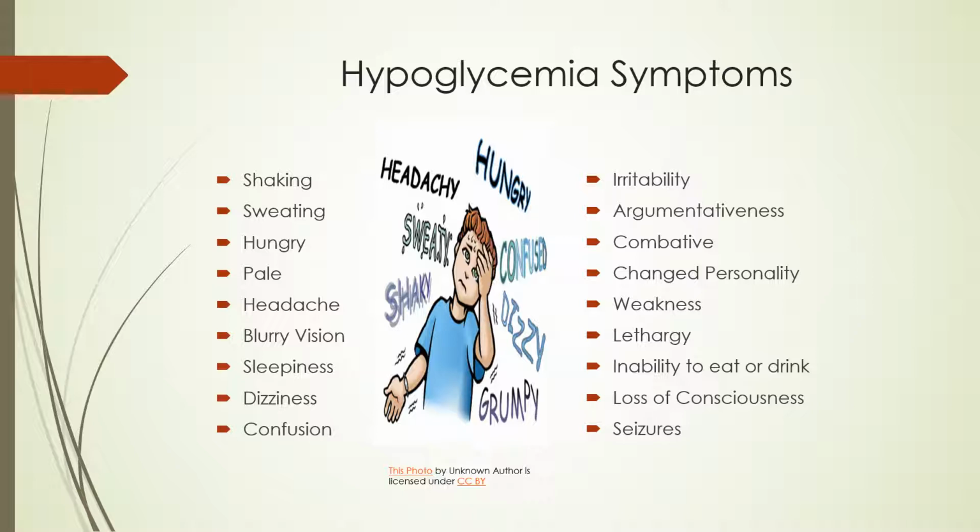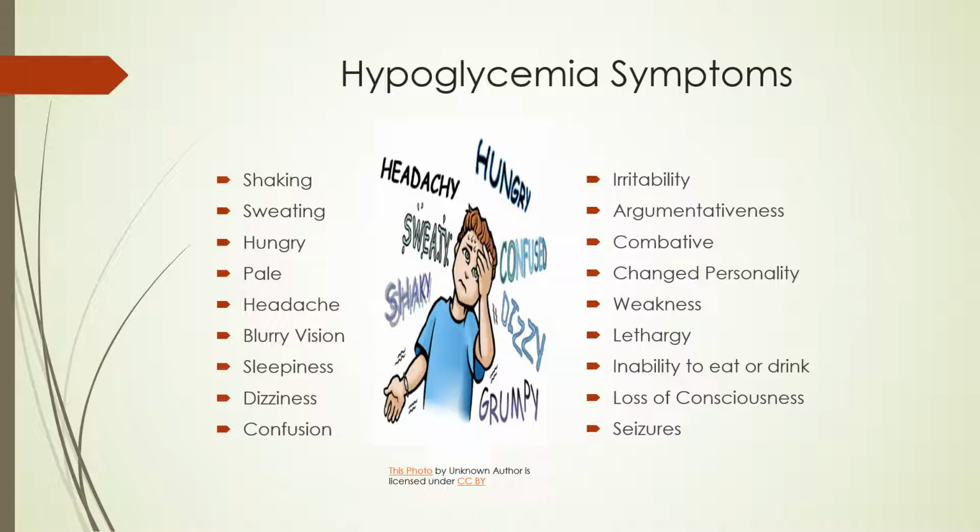Hypoglycemia symptoms. You have all these symptoms, and some of these symptoms are the same symptoms that you're going to be seeing for hyperglycemia. So, sorry, this is the hypoglycemia. So you have shaking and sweating.